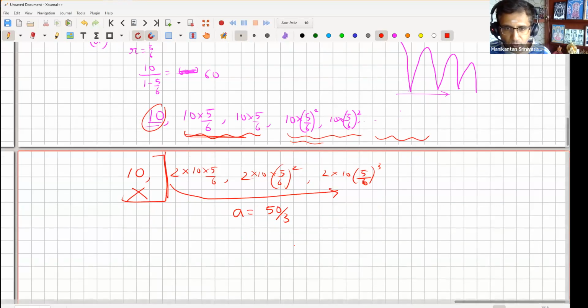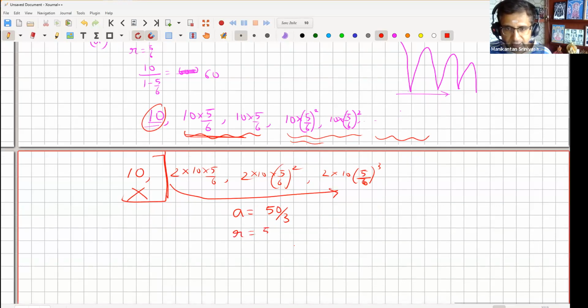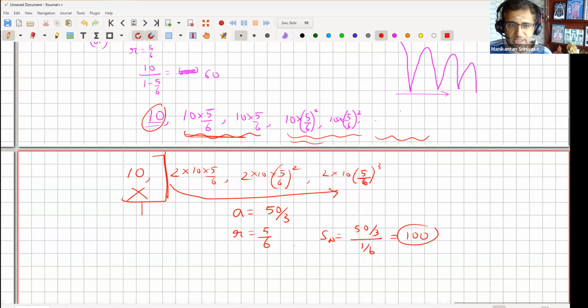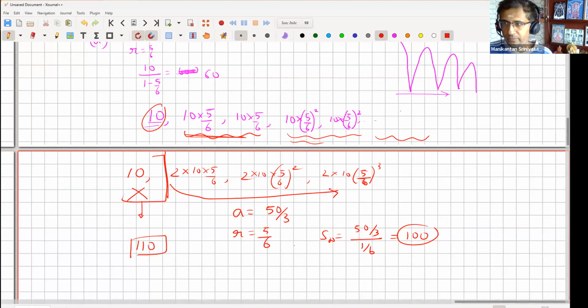And then the common ratio is 5 by 6. So the sum of infinite terms is a by 1 minus r, which is 50 by 3 upon 1 by 6, which is 100. And now to this 100, we have to add this extra 10 that was unique. So the total vertical distance is 110.